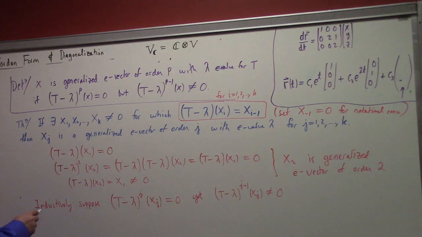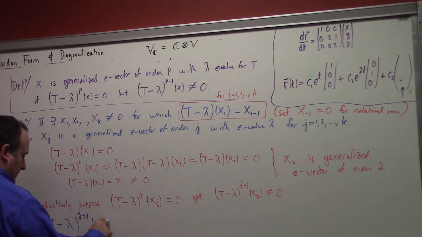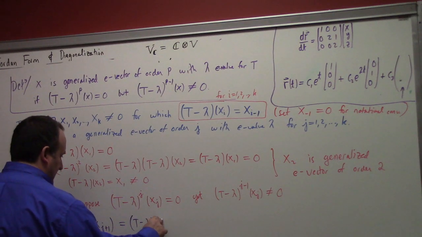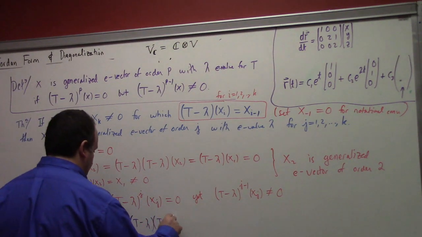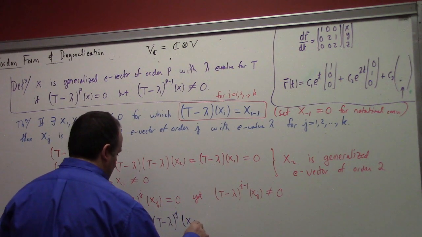So then consider, if we consider j plus 1, acting on x_{j+1}, then what do we get? Well, (T − λ) acting on (T − λ) to the j power, right? Acting on x_{j+1}.